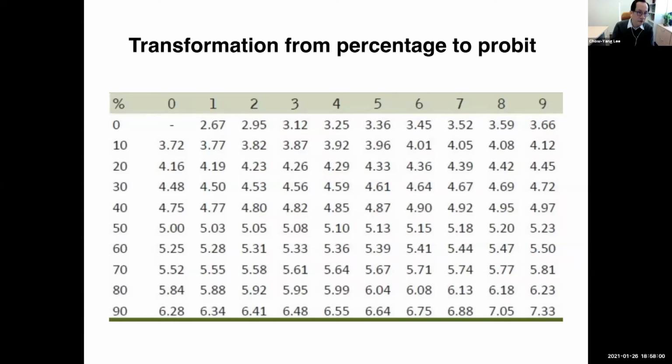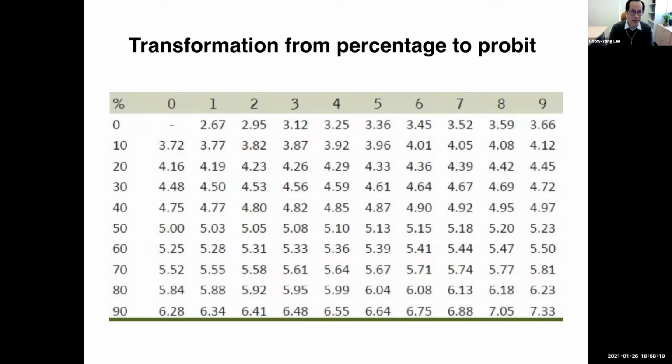And if you look at 50%, so 50 over the first column, you go down all the way to 50, and you look at the second column where it is 0. So 50% will give you Probit unit of 5.